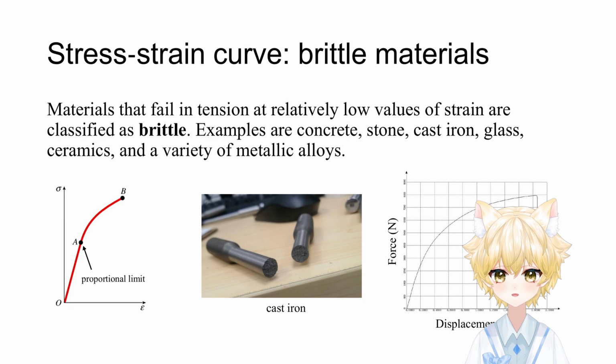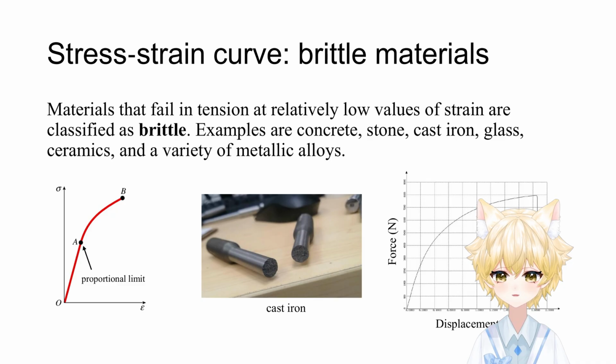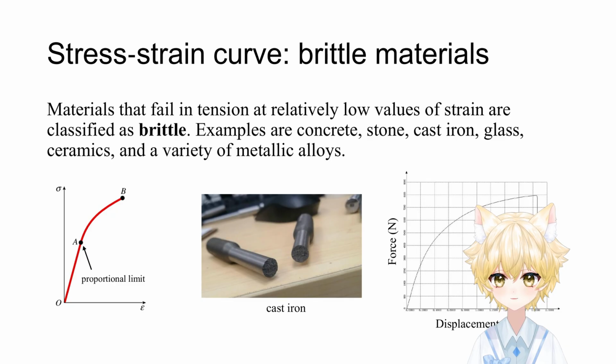And third, fracture occurs suddenly, often close to the proportional limit. This means that for brittle materials, failure is not preceded by large, visible deformation. There is little warning. This is why brittle fracture is often considered more dangerous than ductile failure in structural applications.